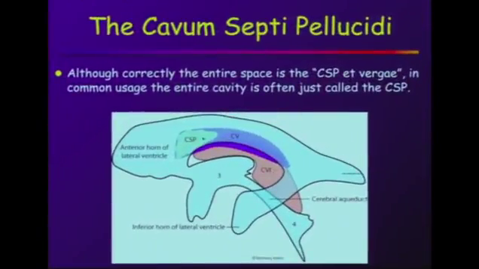So here's a diagram showing this single physical space, but in front it has one name, the CSP, and in back it has another name, the Cavum vergae, and then there's a whole bunch of other fluid collections. Here's the Cavum velum interpositum.